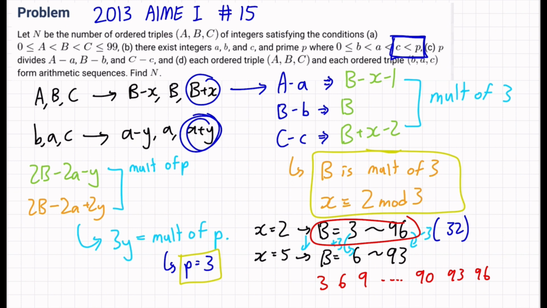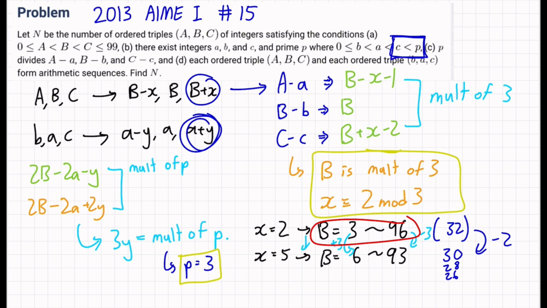But for the next one, just these two aren't possible, right? So we take out 2 every time. That means the total number is going to decrease by 2 every time. That means it's going to be 30, and then this is going to keep going down, so 28, and then 26, 24, and so on.